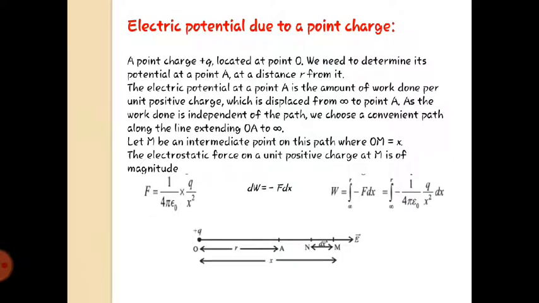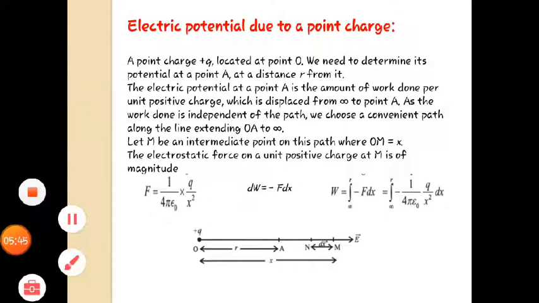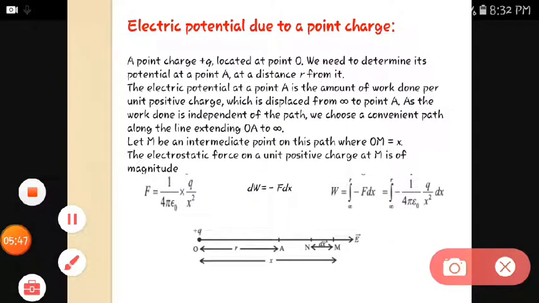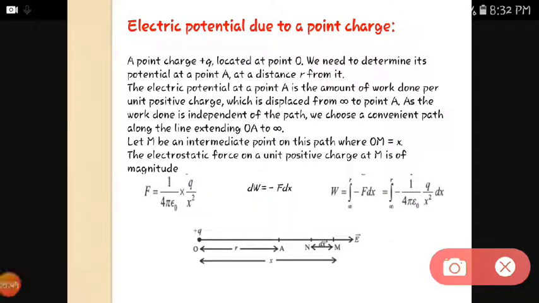So here is the first point: electric potential due to a point charge. Have a look at the diagram, in which you will come to know the exact idea. Point O is a point where a charge plus Q is located.